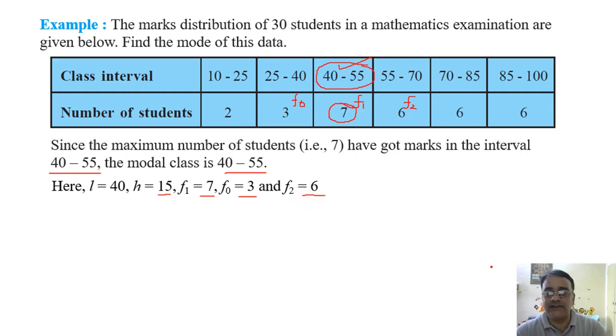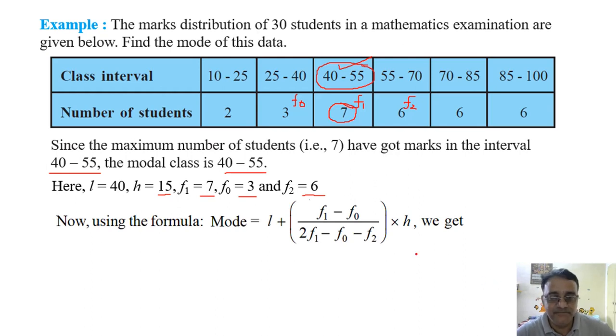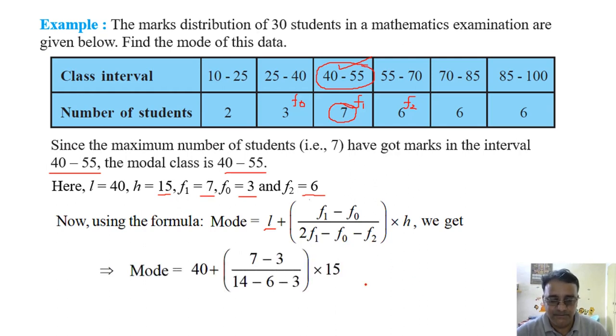Now you have to write the formula and you have to substitute. So this is the formula. We are going to substitute L is equal to 40, F1 7, F0 3, 2 into F1, that is 2 into 7, 14, minus 3, minus 6. Okay, 7 minus 3 is 4, and 14 minus 6 minus 3 is 5.